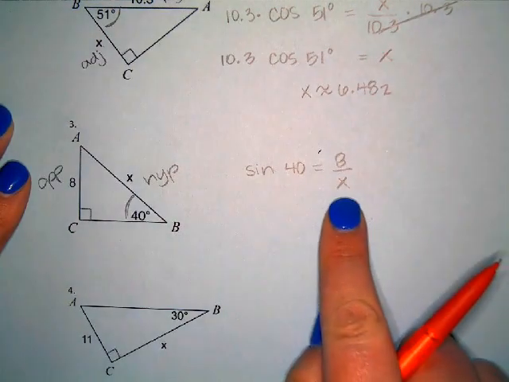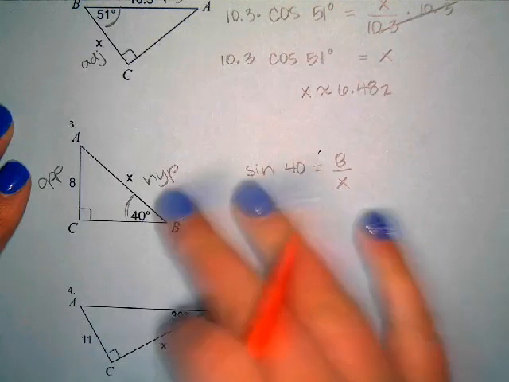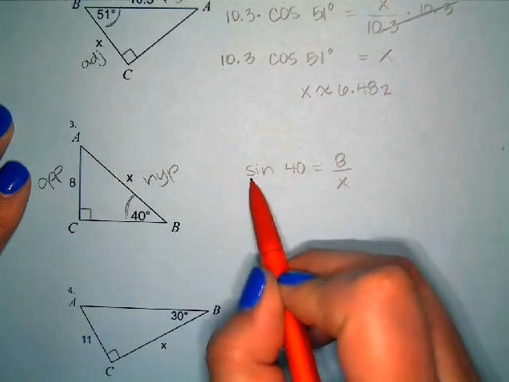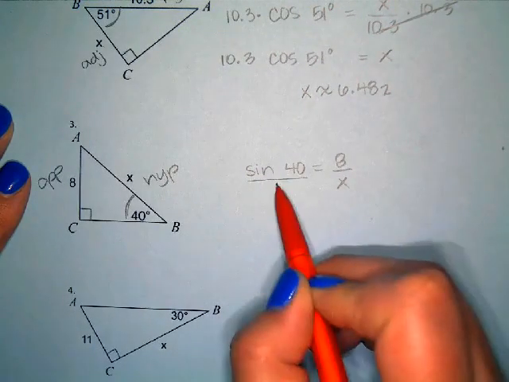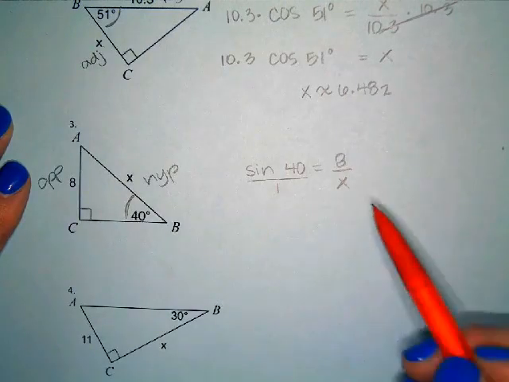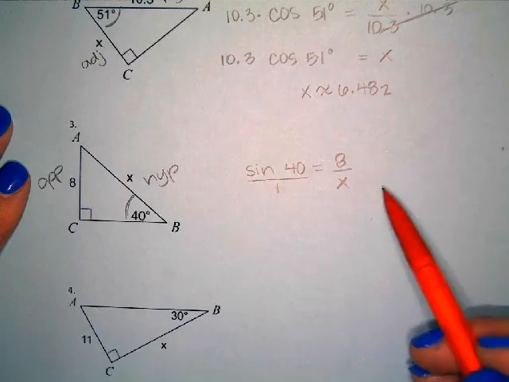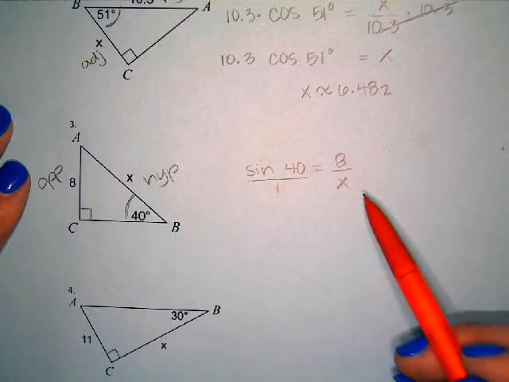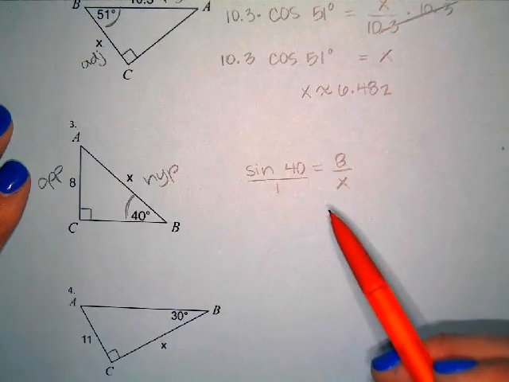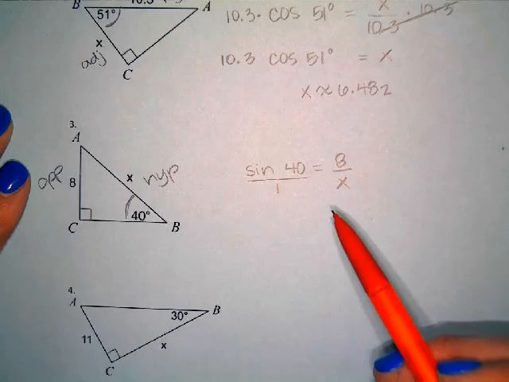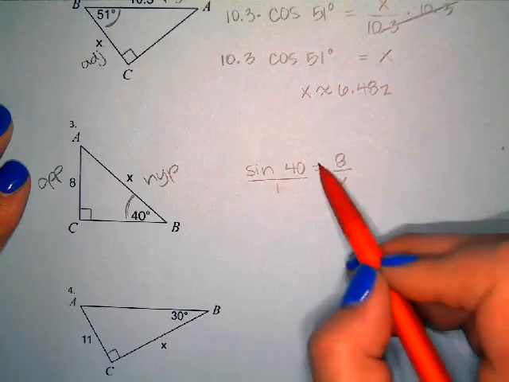So what I like to do whenever we have the x on the bottom is I like to put sine 40 over 1, because students are really good at doing equations where it's a fraction equals a fraction. Does anyone remember from middle school how to solve these? Cross multiply, yeah.